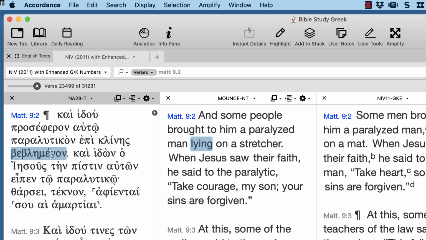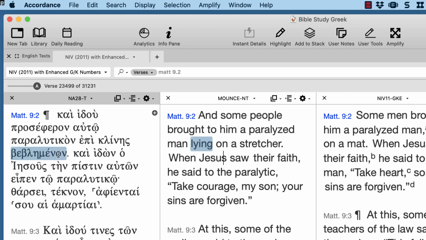But if in English we said some people brought a paralyzed man to him lying on a stretcher, then it's the auto, it's the him that's lying on the stretcher. See what happens when you put the to him after man? This phrase gets hooked to the wrong person in English.